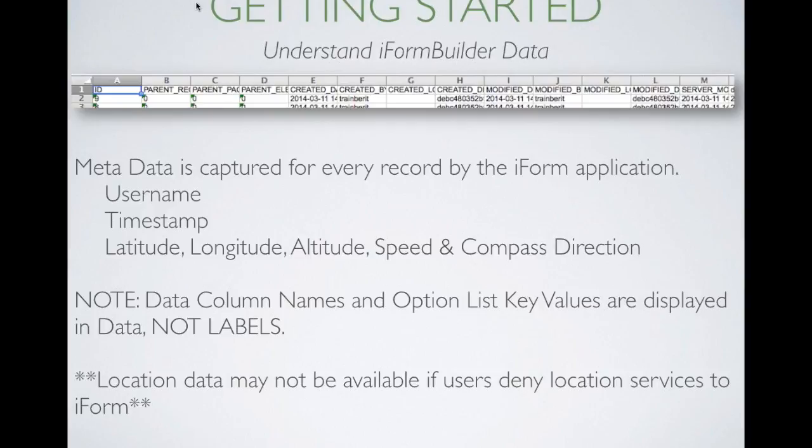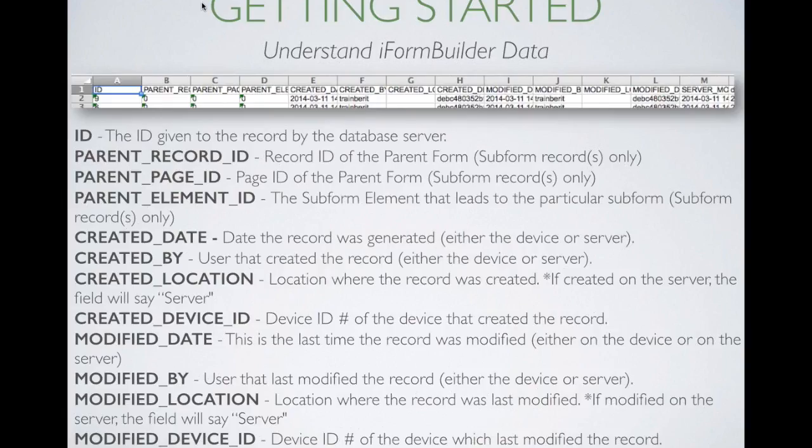But the metadata is one way to make sure that the correct user is logged in, and that maybe you have a form field where they have to enter their username. You're able to check that that's actually accurate, as well as making sure that if a user says that they're at a specific location, by looking at the metadata, you can double check that they are actually at that location.